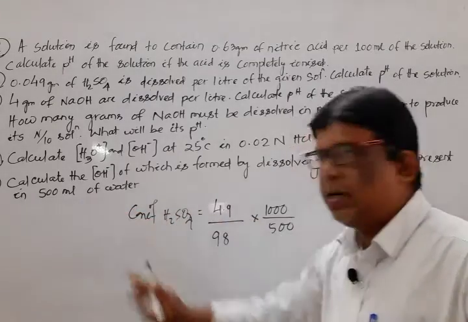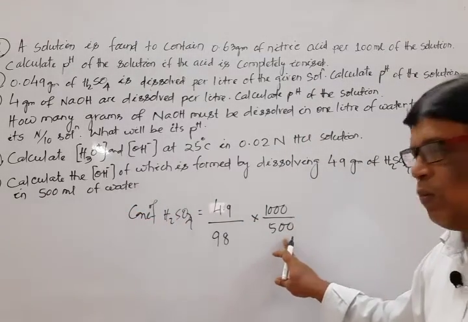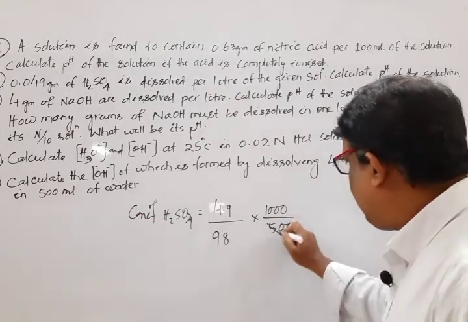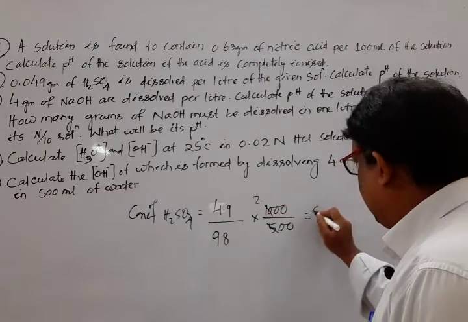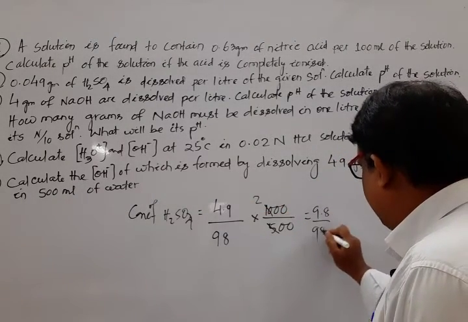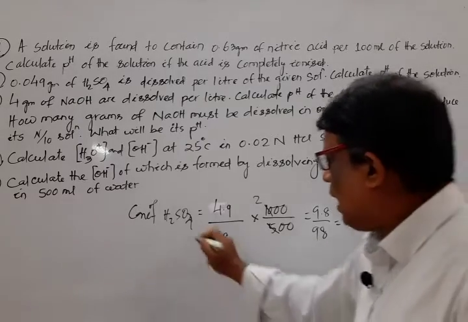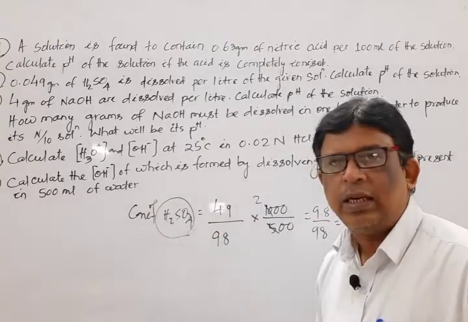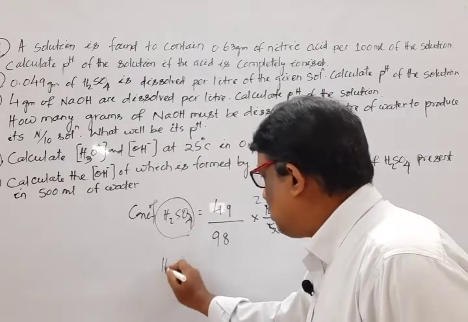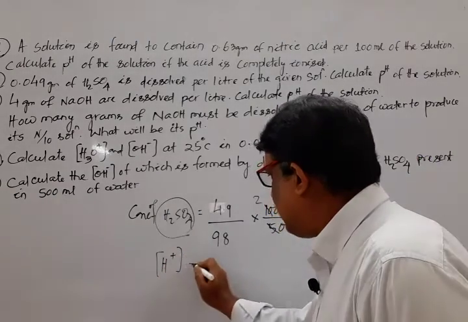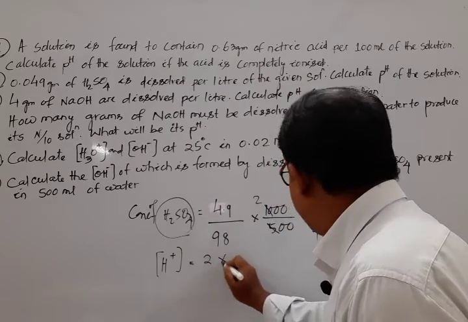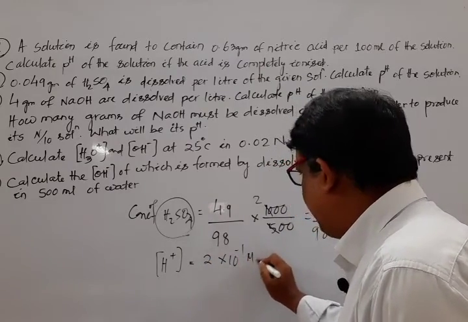As it is milliliter, we use 1000 by volume in ml. So mark that, 9.8 by 98 is equal to 10 to the power minus 1 M. And as we consider sulfuric acid a dibasic acid, the total H plus ion concentration of sulfuric acid is 2 into 10 to the power minus 1 M.